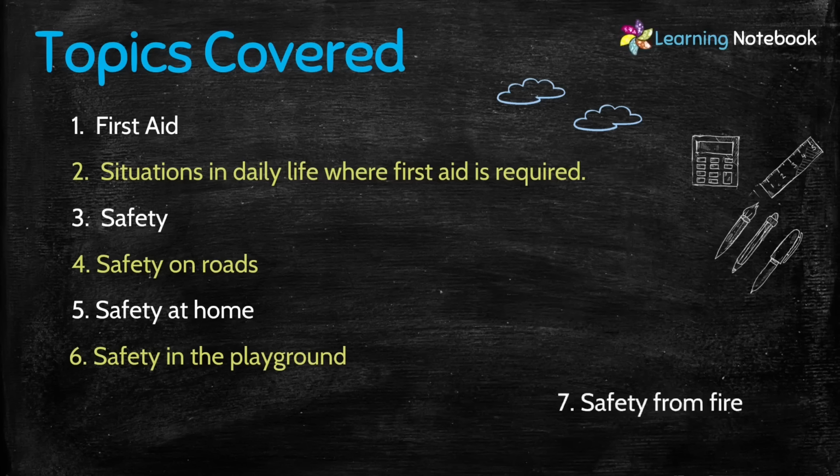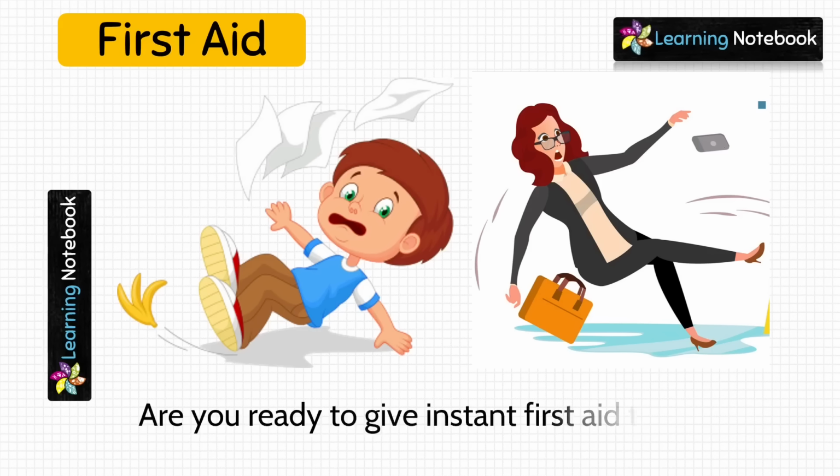And in the second picture, the lady has slipped due to a wet floor. We may also encounter such situations, and thus we should be ready to give first aid to the injured person. So let's learn about first aid.